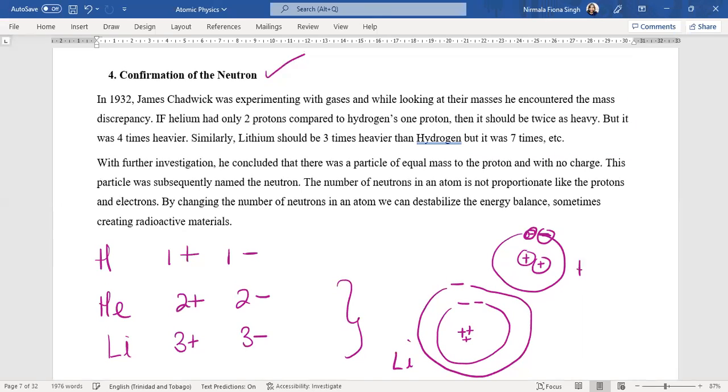Now, looking at this, common sense wise, you would think that helium would be twice as heavy as hydrogen, because I just said that a proton is 1938 times heavier than an electron. So that means electrons don't really add too much mass to an atom, where the bulk of your mass lies is in the nucleus itself.